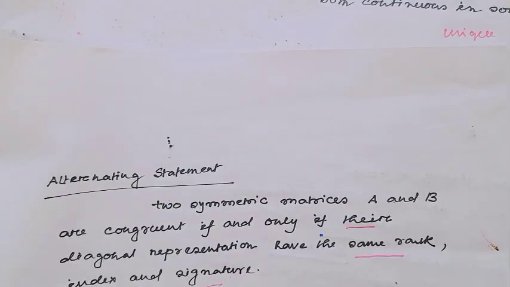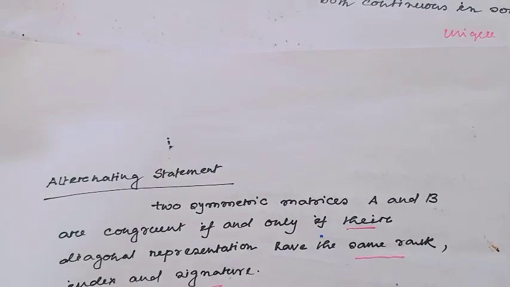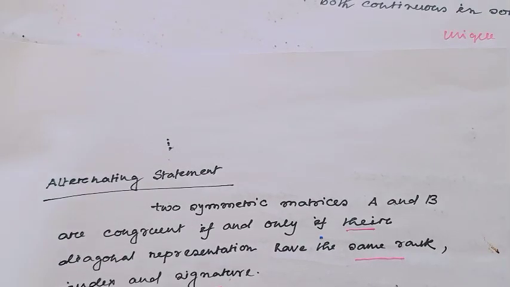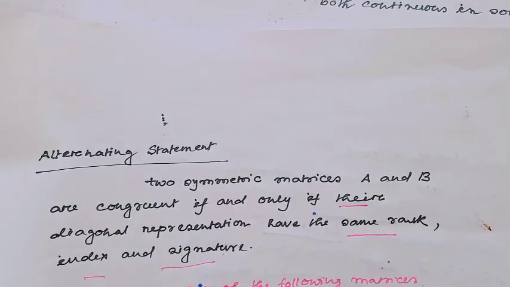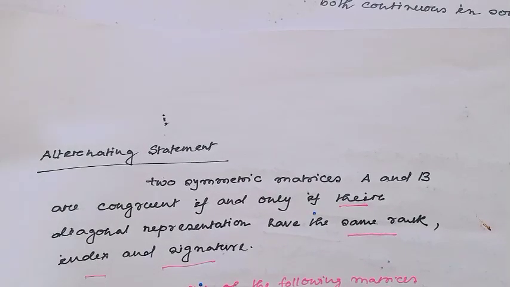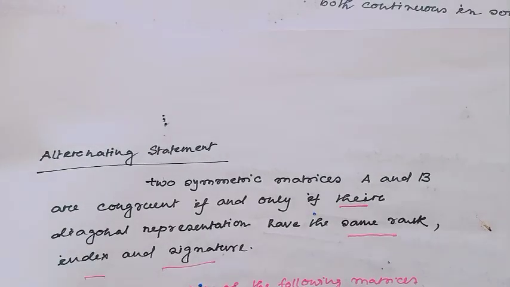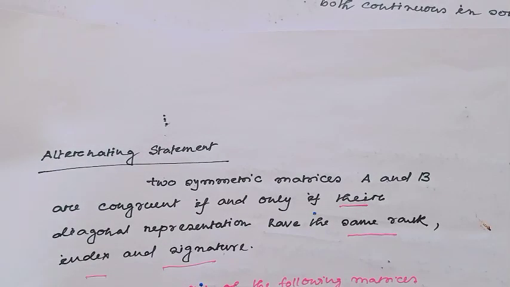And this is the easy method to find when two quadratic forms are equivalent to each other. That means at first we have to find the diagonal representation of matrices A and B. Then we have to check whether these diagonal representations have the same rank, index and signature. If they have, then the two are congruent to each other.